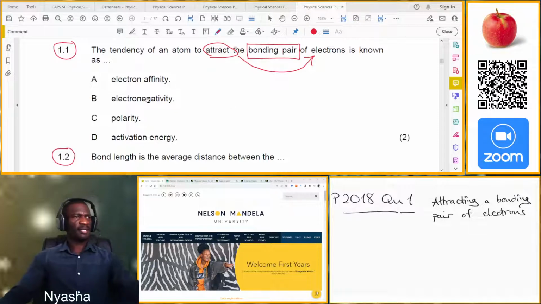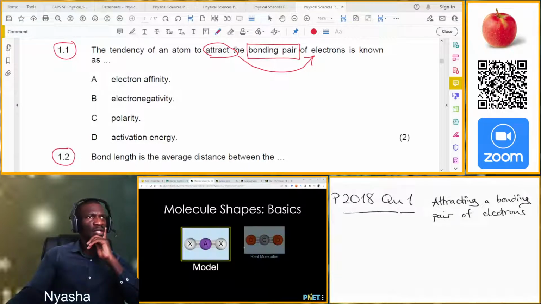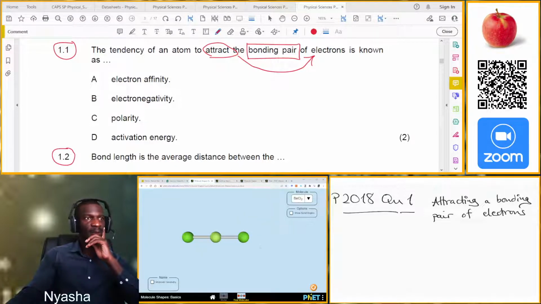All right, let's just see if we have a tool that can show us our bonding structure, right? For this tool, I want us to probably use real molecules. I'm not sure if you can see here.